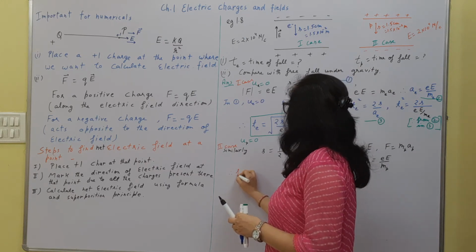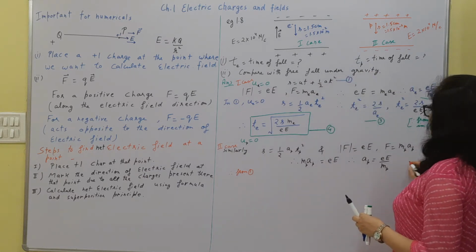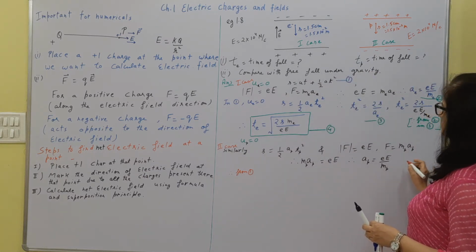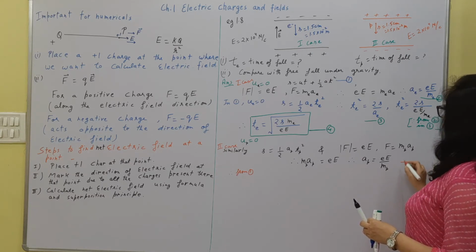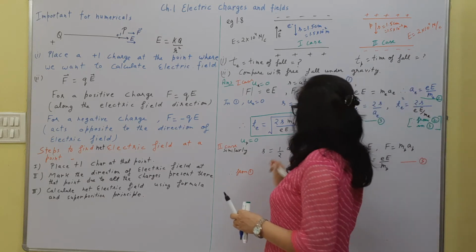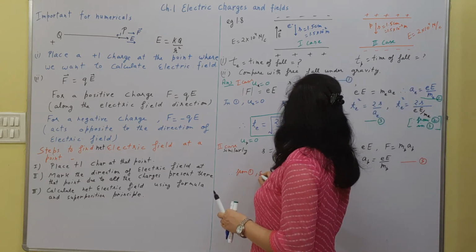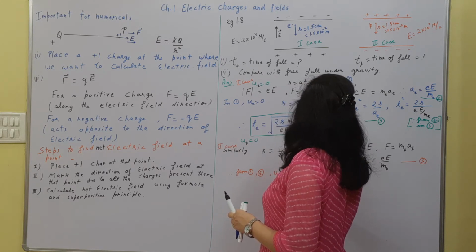So therefore, from 1, and this I am marking as 5, from 1 and 5, and u, initial velocity of proton is also 0.